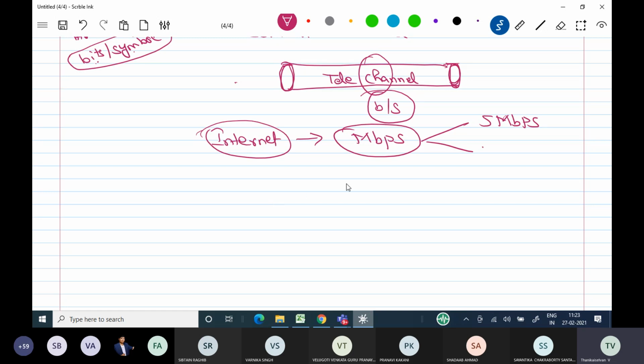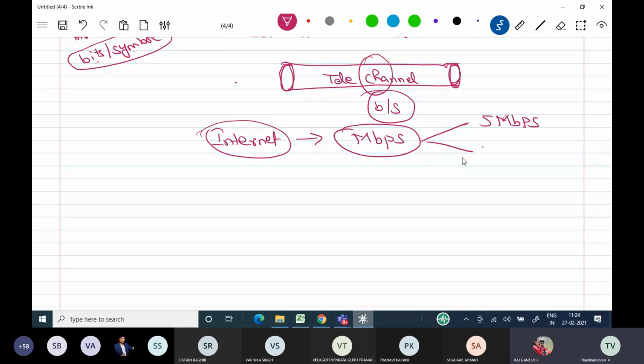Singapore, maybe. No, Taiwan, sir. No, Korea. Sir, is it Australia? 44.20 bps. No, 44 Mbps is very less.